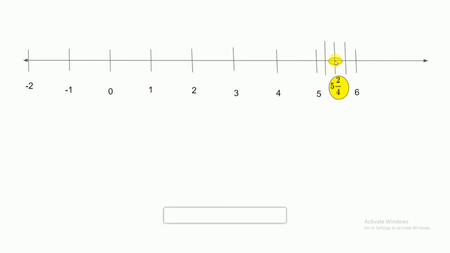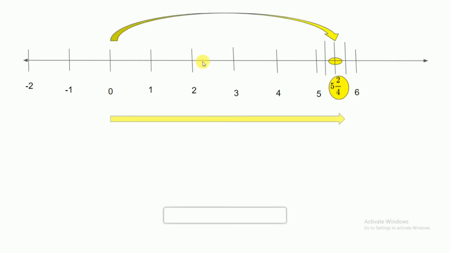So this point shows 5 and 2 upon 4. This is how we would represent 5 and 2 upon 4 on the number line.